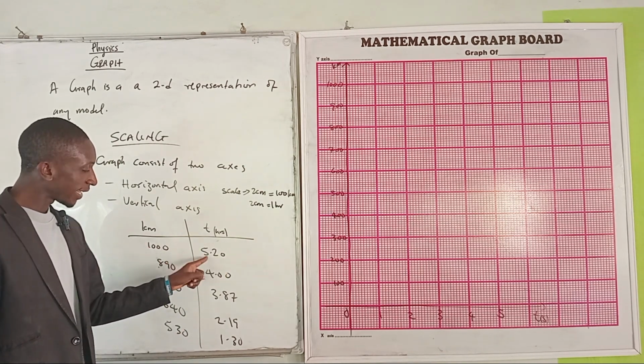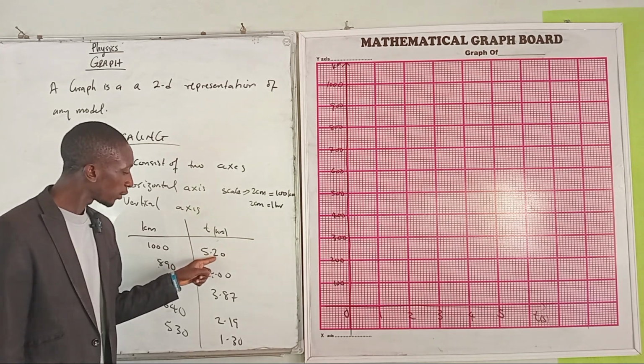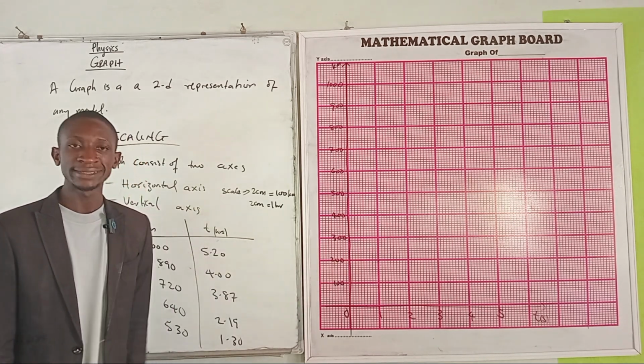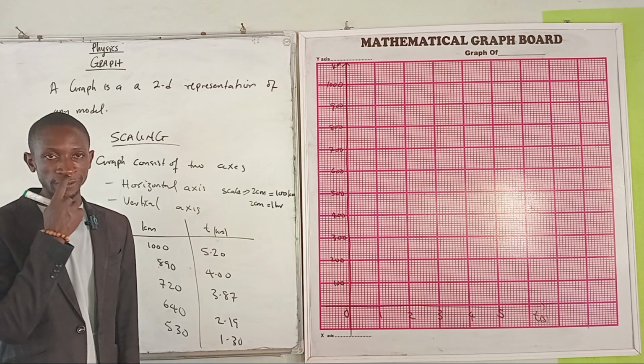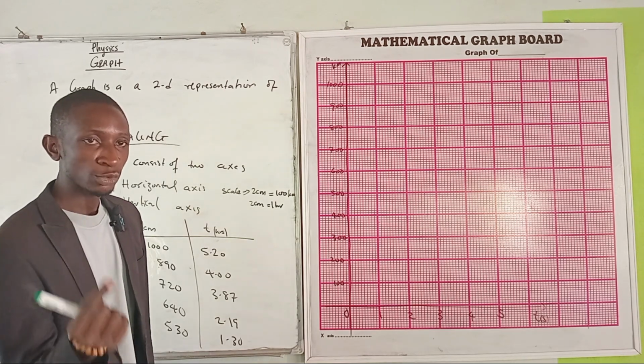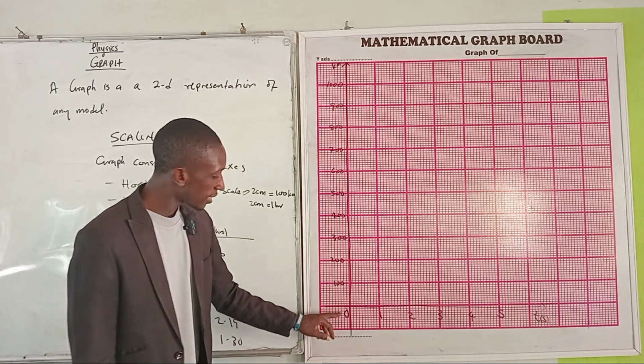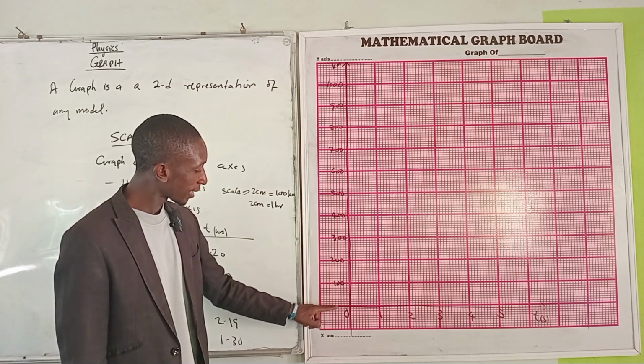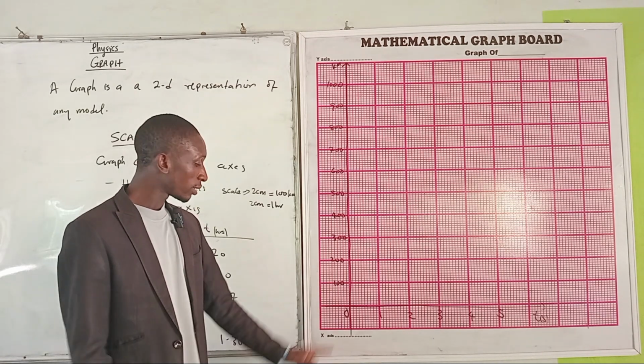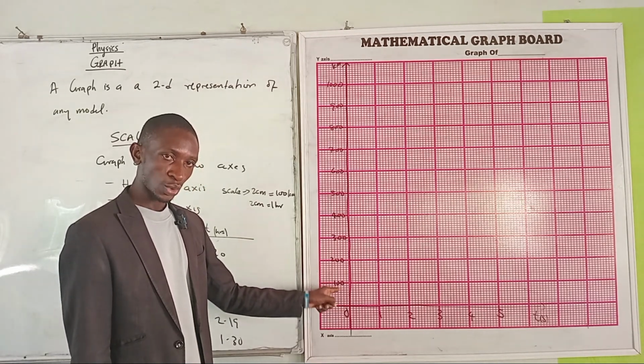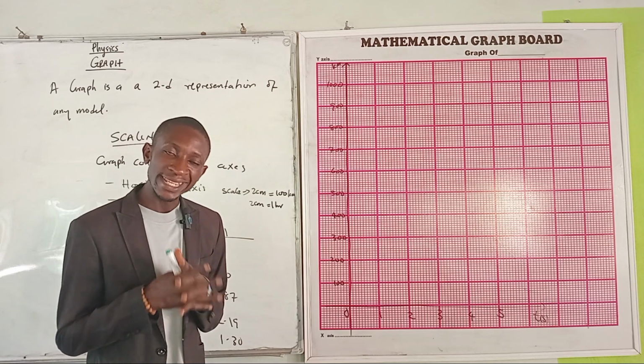1,000 against 5.2. Now, how do I locate 0.2 on this line? That is another issue that people have. So let me show you a simple way to do that. Now, we know that this is 0 and this is 100. Between 0 and 100, there are 10 boxes. I need to know the value of each of these boxes so that I can plot a near perfect graph.